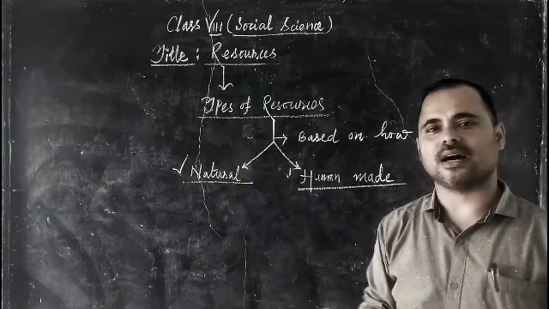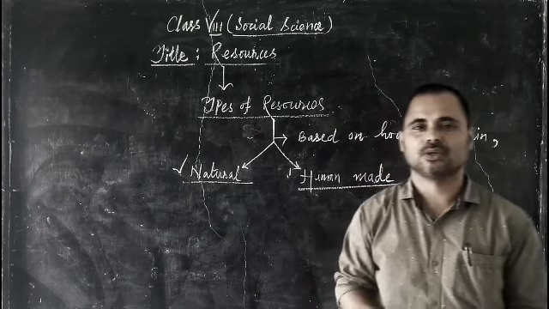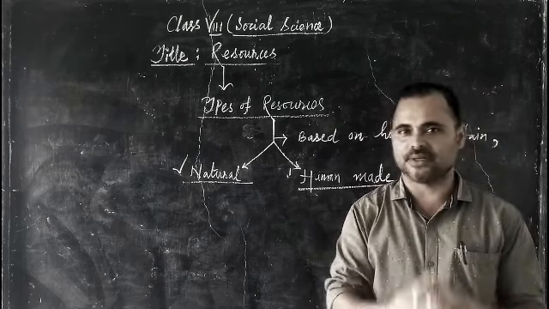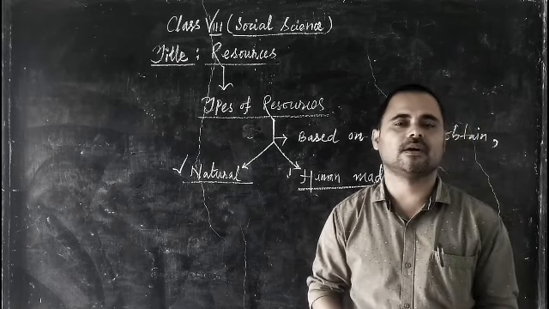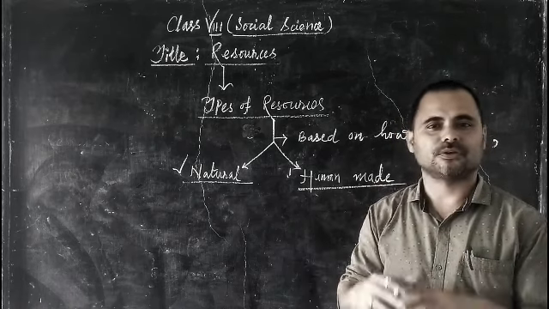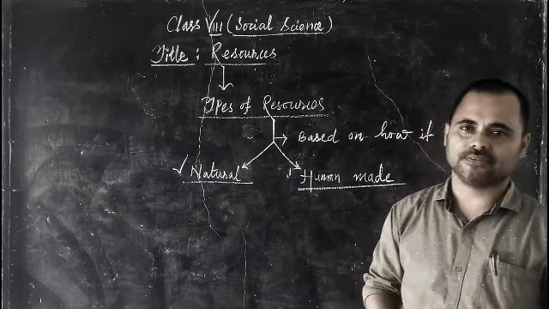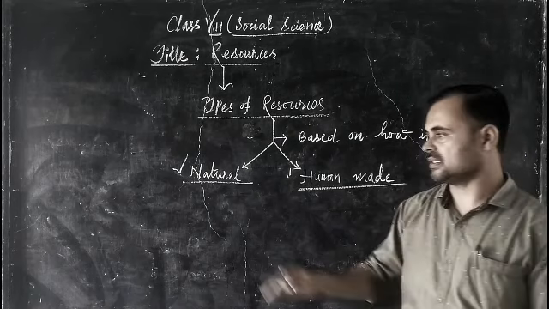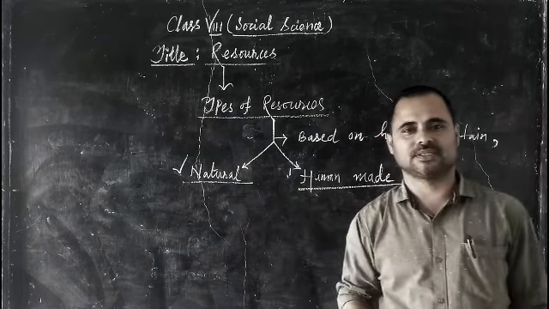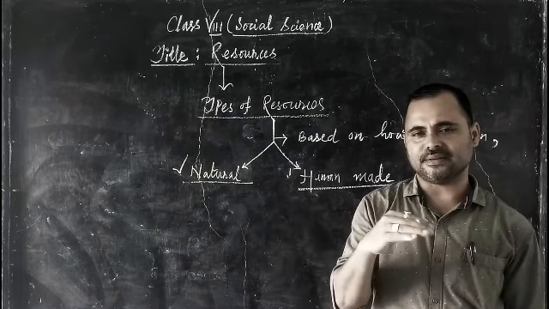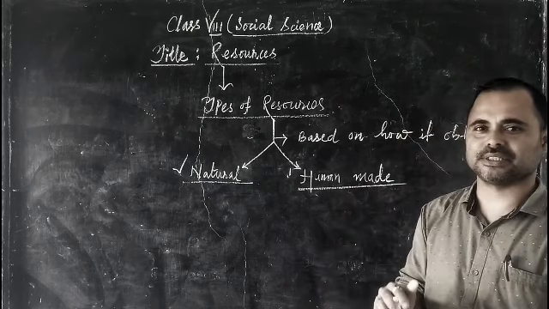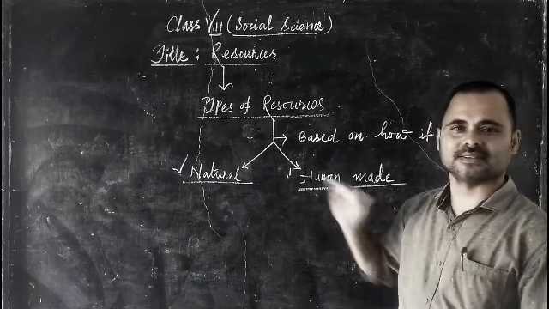Natural resources are those resources which exist in an environment naturally, by the phenomena of nature or natural happening. Whatever resources we find in our environment are called natural resources. You see, in natural resources, human beings have no contribution to their existence.